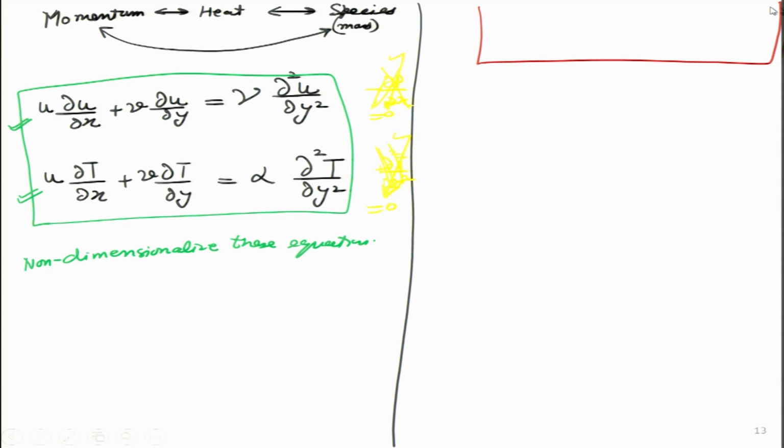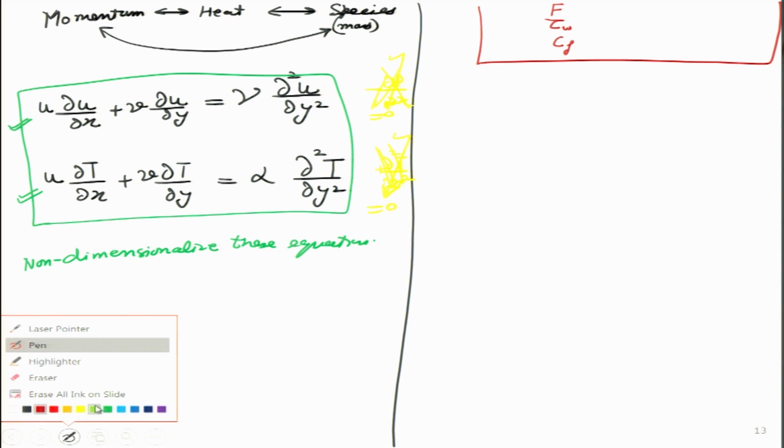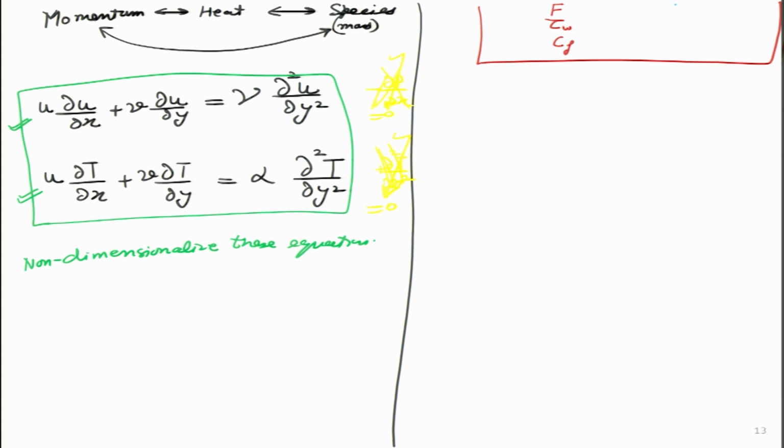The correlation that we are trying to find out is that momentum is governed by, or the result of momentum is seen in, parameters like force, how much force is acting on the plate, how much wall shear stress is acting, how much friction coefficient is acting. These are for momentum, and for heat the similar parameters are how much is the rate of heat transfer, how much is the convective heat transfer coefficient, and what is the Nusselt number.